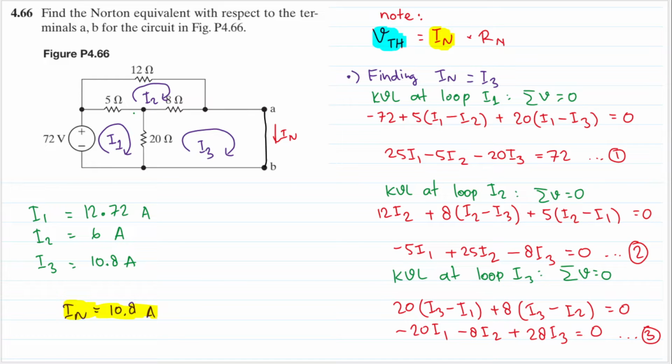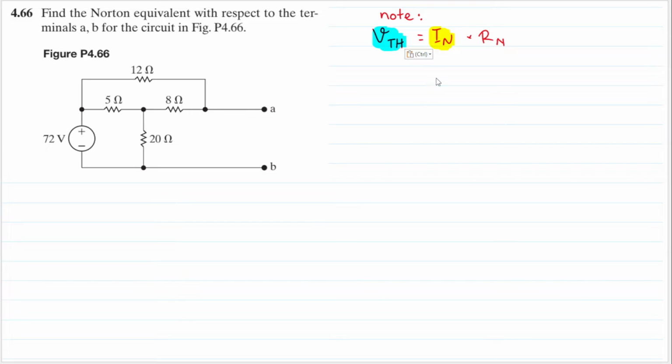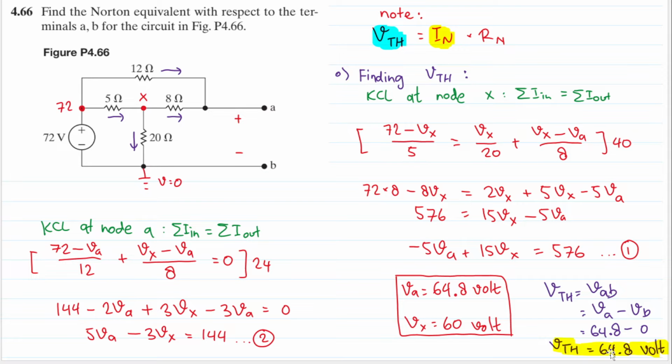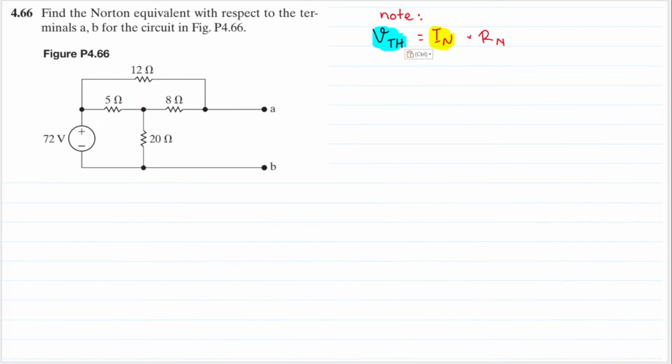Let's clean up the board and draw the Norton equivalent. So far we got the VTH, which is 64.8 volt.